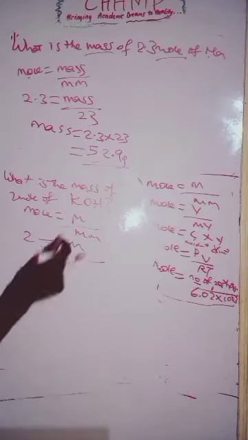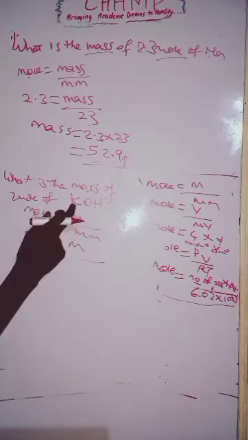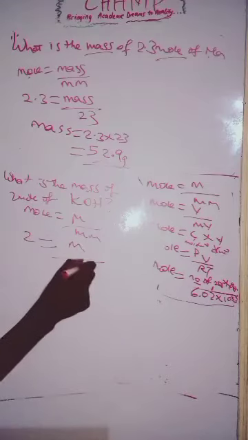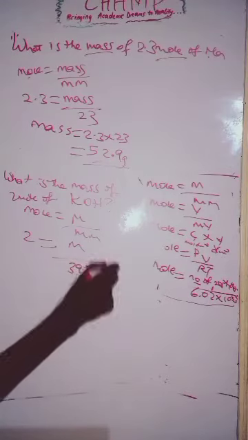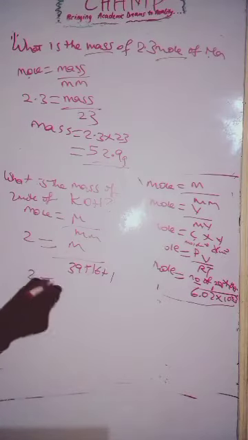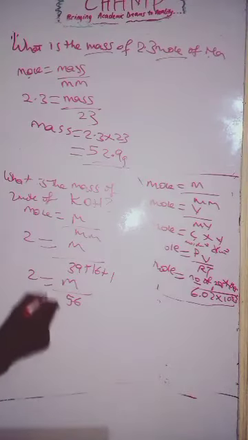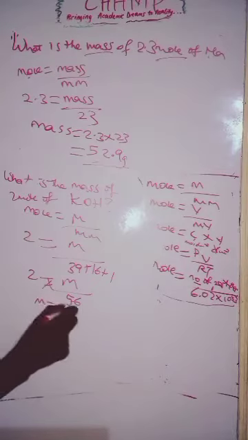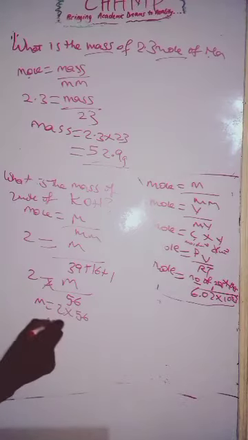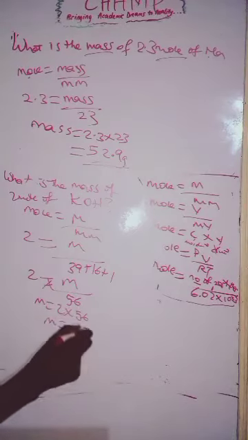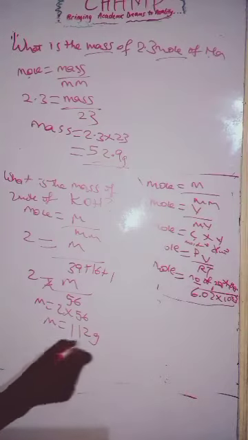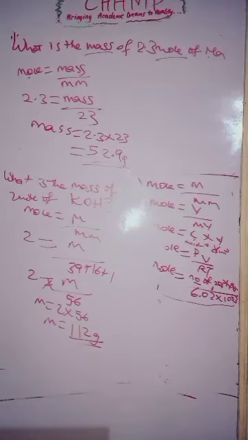That's what you are looking for. Then your molar mass is, K is 39, oxygen is 16, hydrogen is 1. So 2 is equal to M over 39 plus 16 plus 1, that's 56. So you cross multiply, M is equal to 2 times 56. M is equal to 112 grams. So that's just that. Another question here.